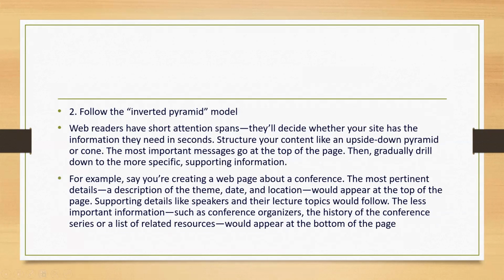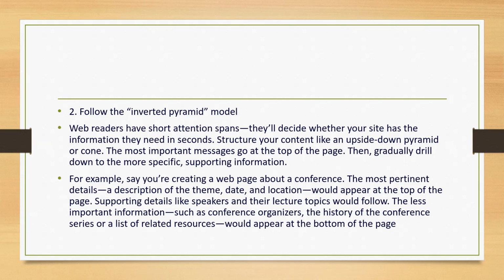You have to follow the inverted pyramid model. If readers have short attention spans, they will decide whether your site has the information they need in seconds. So structure your content like an upside down pyramid or cone. The most important message goes at the top of the page, then gradually drill down to the more specific supporting information. For example, say you are creating a web page about a conference.